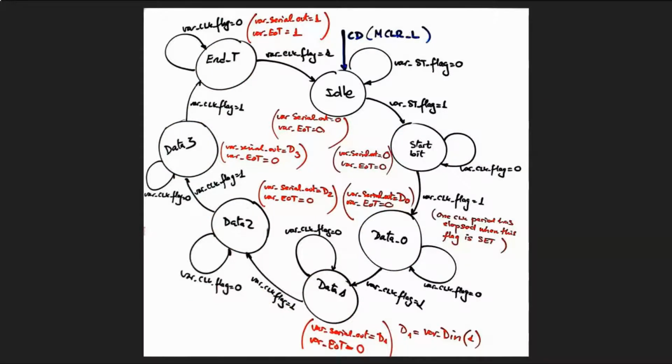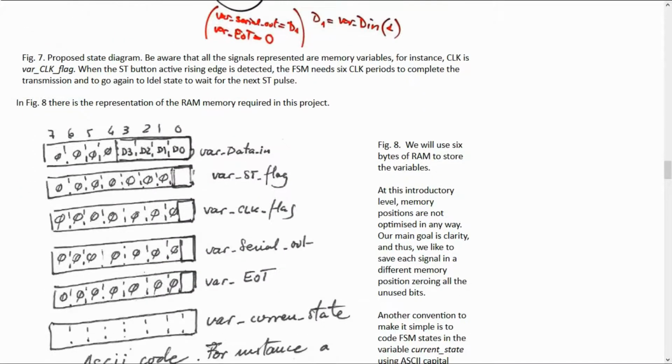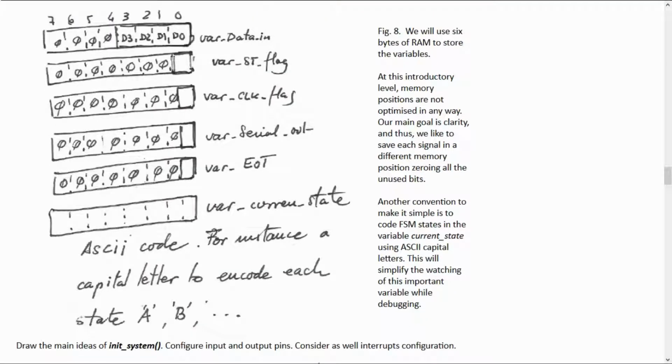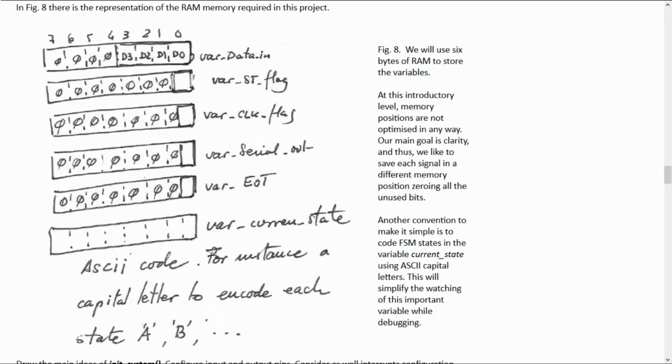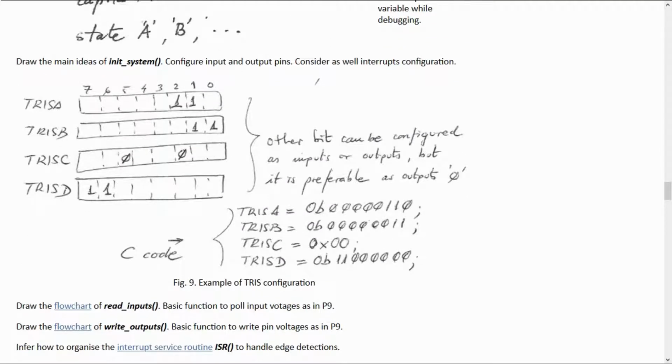And then what? Well, then what goes next is the usual thing that you know very well. Specifying a variable for every one of the inputs and outputs. And then initializing the system, taking care of the init system, programming the tri-state bits.